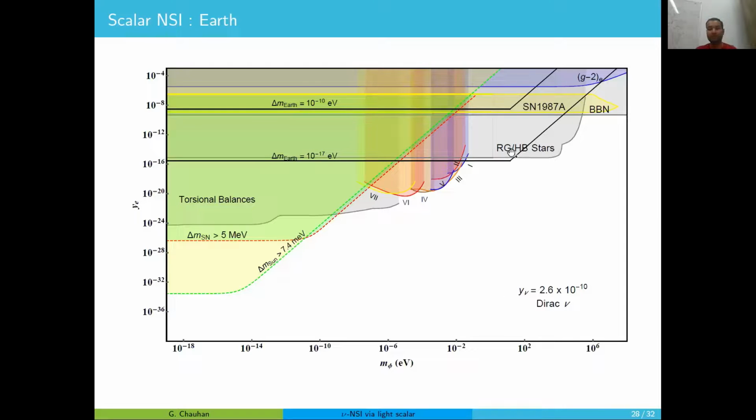So we see it's the same plot that I showed you earlier with all the constraints in, plus the scalar NSI plotted for the case of Earth. So we see that it comes pretty directly straight from this direction for m phi around 100 eV.